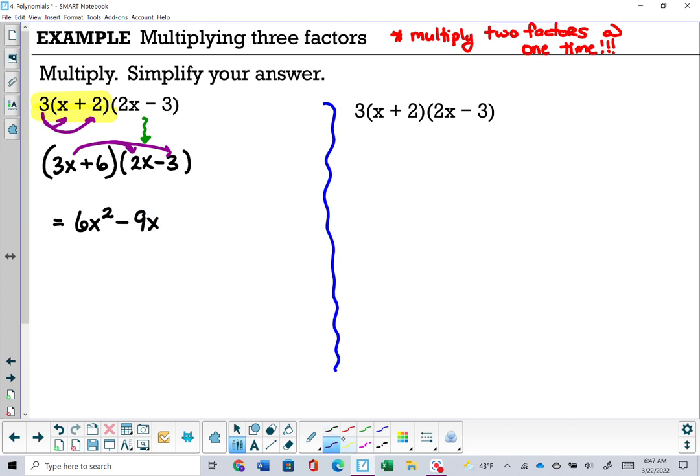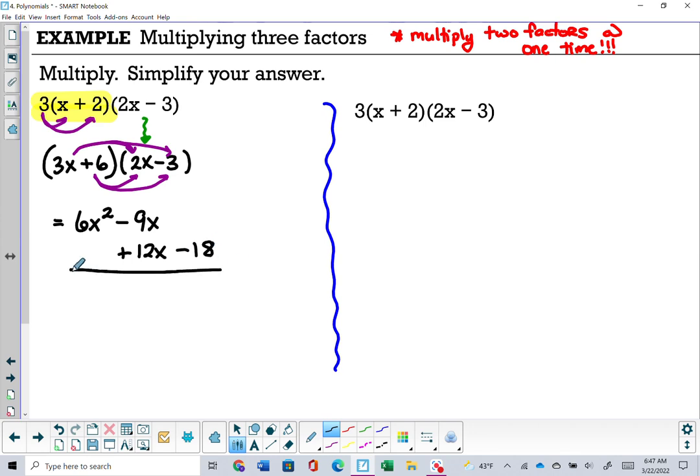Continue to distribute the positive 6 to the 2x minus 3. I'm going to write my work here: 6 times 2x gives me 12x, which I'll write underneath my like term, minus 9x, so plus 12x. And then 6 times the negative 3 gives me minus 18.